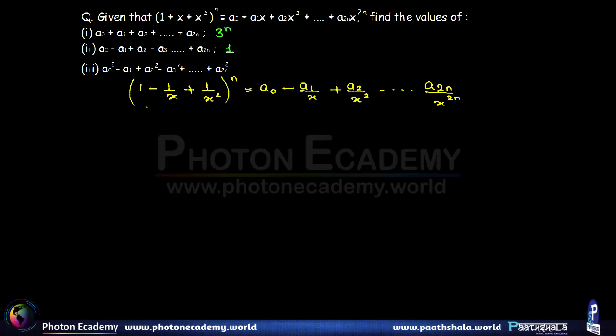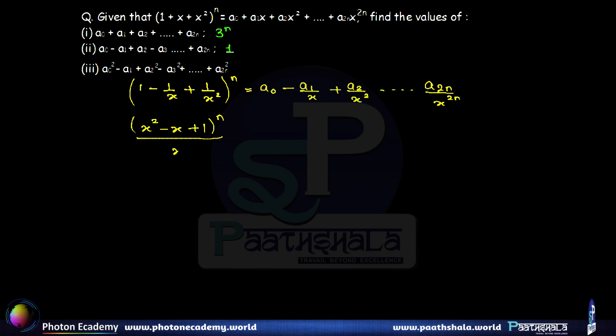So let's take LCM over here in this bracket. So that will become x square minus x plus 1, this whole thing raised to n, and in the denominator we have x raised to 2n.